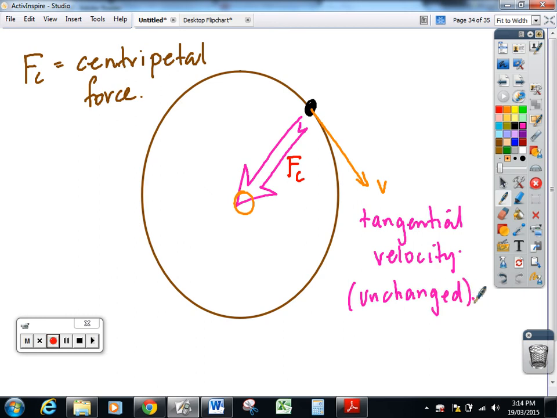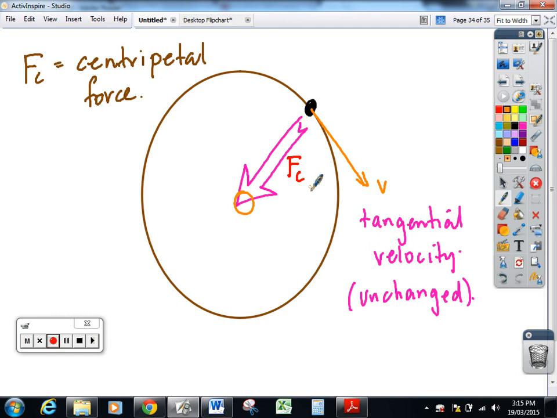And we understand this. If this is the Earth going around the Sun, then the Earth doesn't speed up or slow down. It just goes around at the same constant speed each time. But what is happening is it's pulled towards the centre by something. And in this case, the big something is the centripetal force. And this centripetal force is created by gravity.